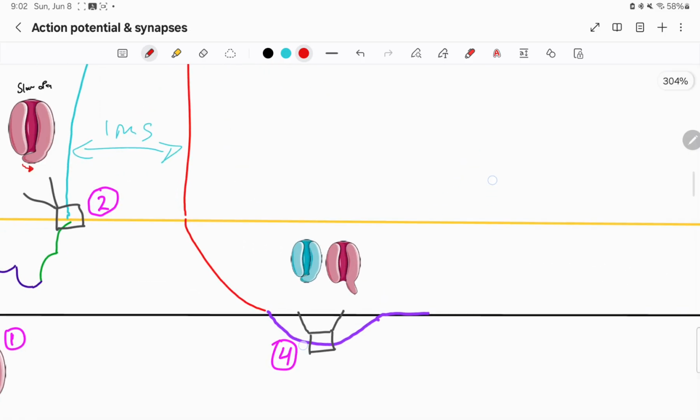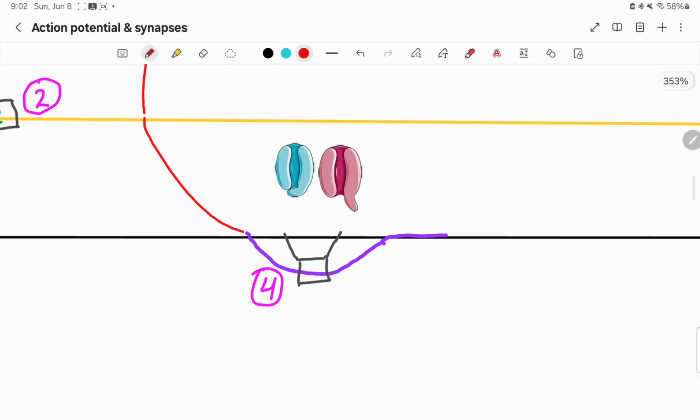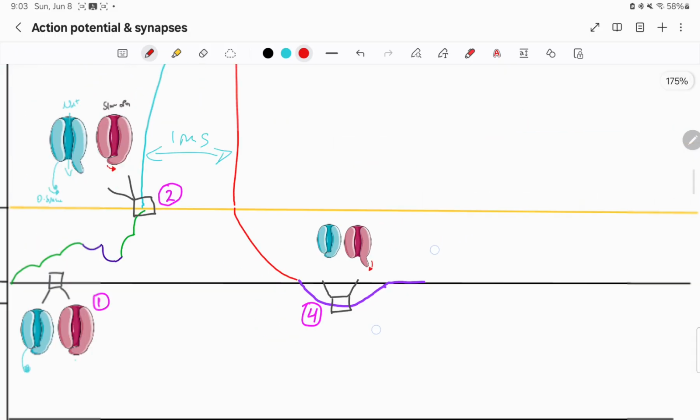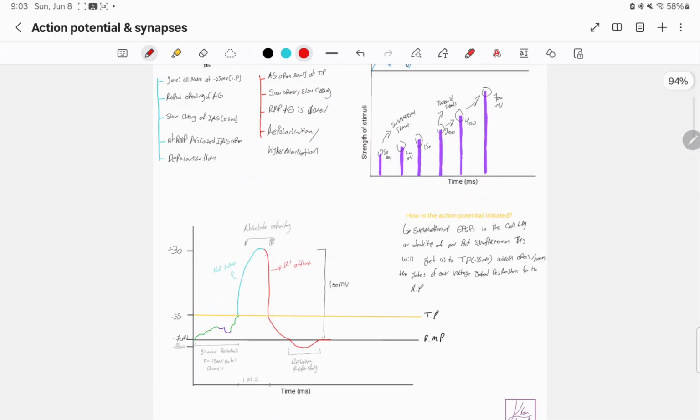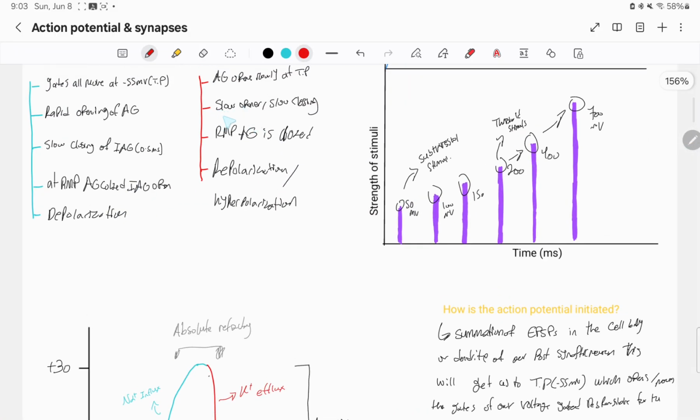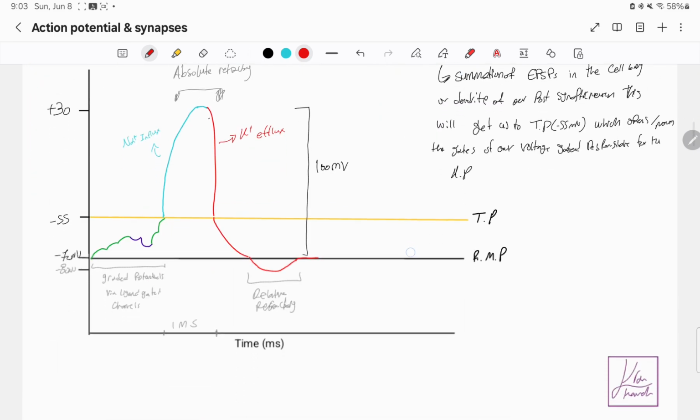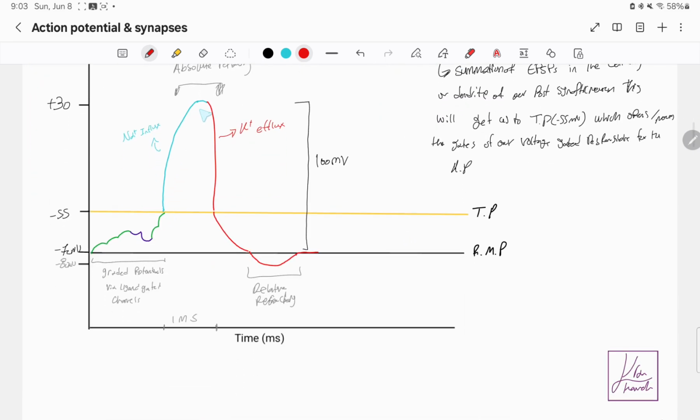Well, let me tell you, the entire time, this activation gate of the potassium voltage gated channel has been closing. But what do you remember? I said that this guy is a slow opener and a slow closer. So he took a long time to open, but now he's taking even longer to close.